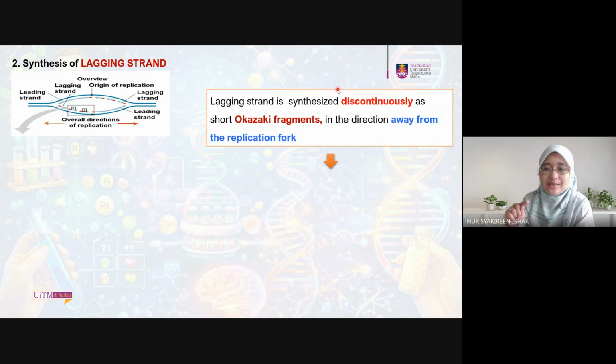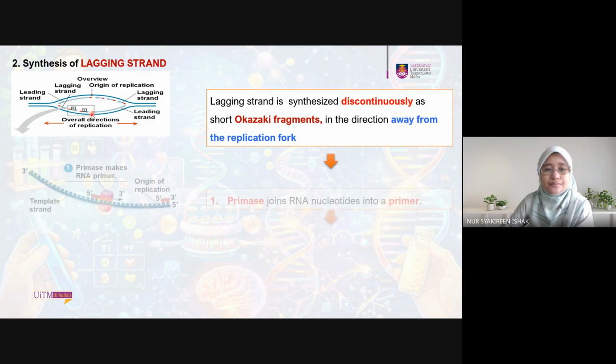It is synthesized discontinuously as short Okazaki fragments, in the direction away from the replication fork. So you can write down this feature: it is synthesized from the replication fork towards the origin of replication.